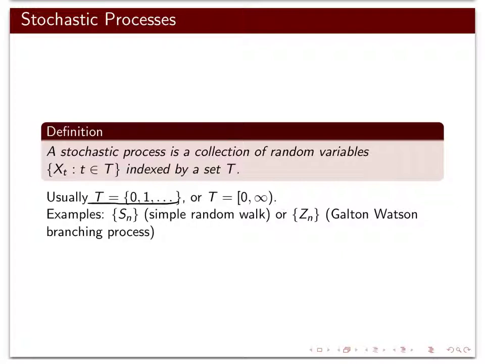So this is a stochastic process. There's all sorts of ways to collect random variables on the same probability space. One way would be to make these random variables independent, but that's not what we're interested in. We're interested in how the random variables evolve together. So notice simple random walk, Galton-Watson process: in both cases, the random variables in the collection are not independent of each other.